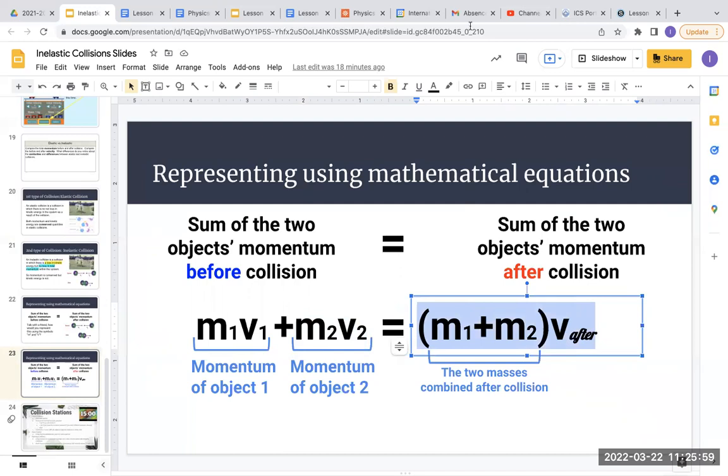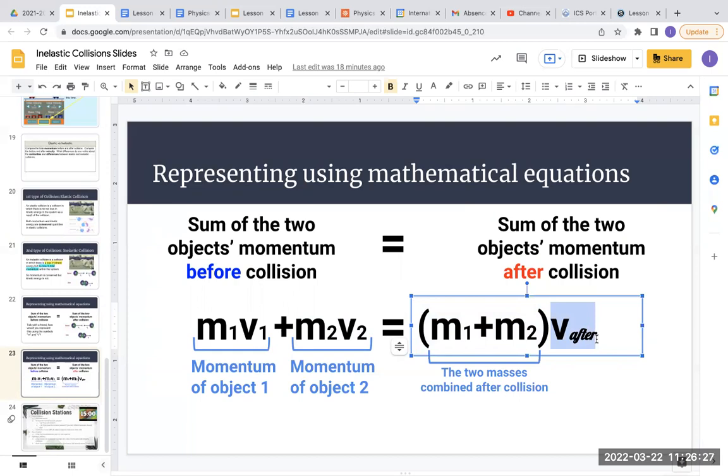Because object 1 and object 2 are glued to each other after the collision and they move together, we treat mass 1 and mass 2 as one bulk object. So you need to add them together before you multiply by the velocity, because there are no two separate velocities anymore.